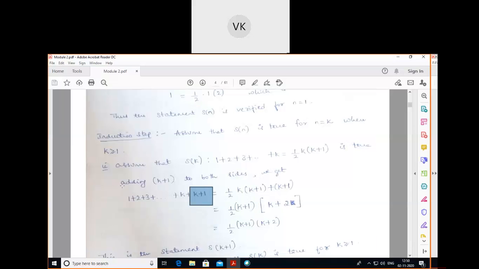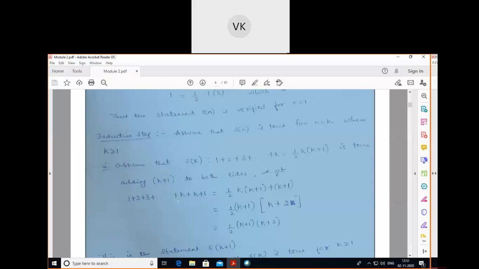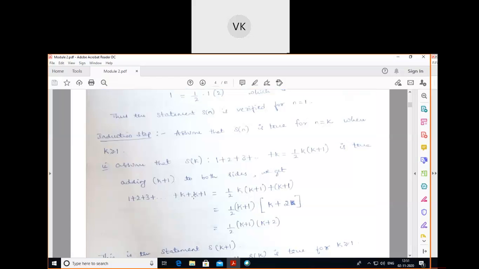To the LHS, in place of k I replace k plus 1, so k plus 1 will be there. When we add k plus 1 to the LHS, in order to balance the whole expression, I need to add the same k plus 1 to the RHS.